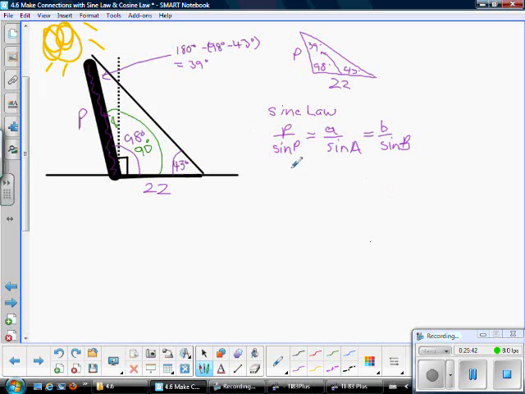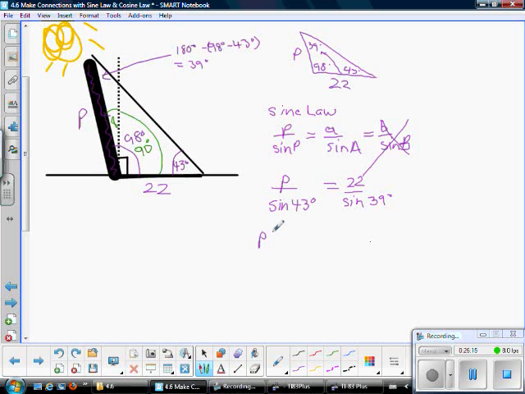When we do that, P is what I want to find. I have angle P, which is 43 degrees. A, I'm going to say is my 22, over the sine of 39, the angle directly across from 22. Now, I do know angle B, but I don't know anything about side B, and I really don't need it because I have enough information here to solve. So we're going to cross multiply and then divide just like we have been doing.